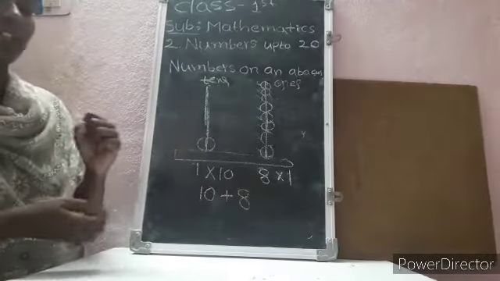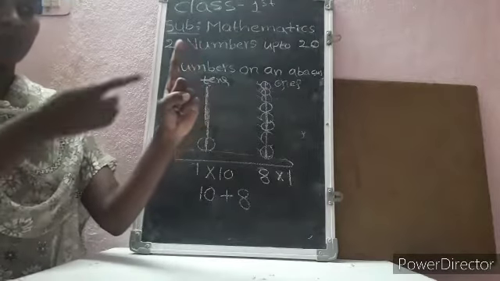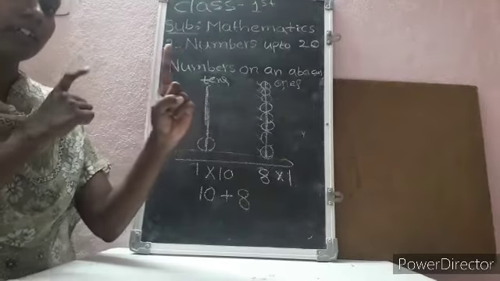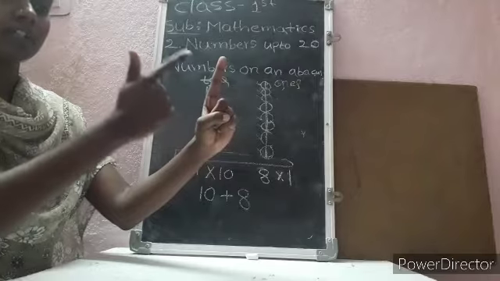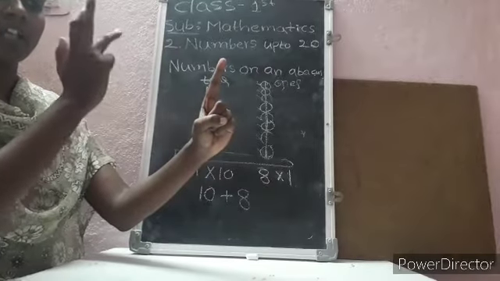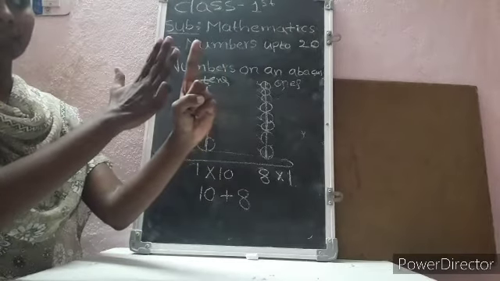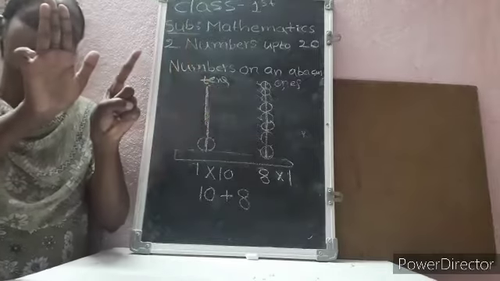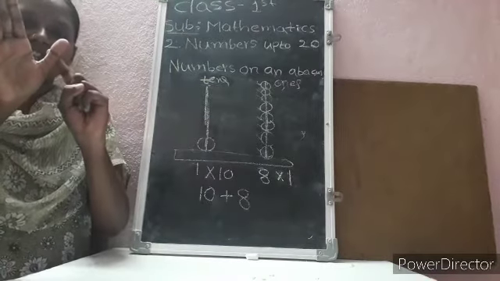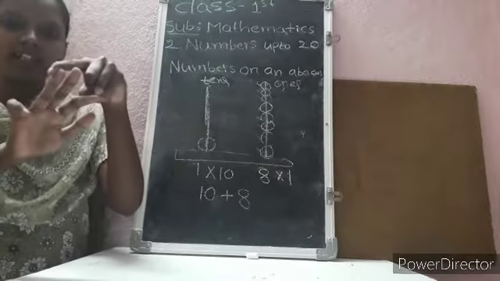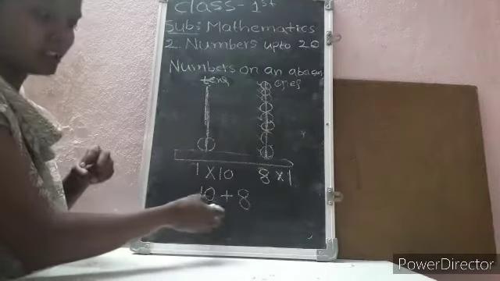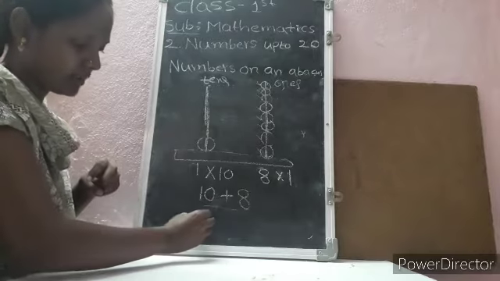Now count it. What is the value of this finger? 10. And 5, 6, 7, 8. So add these numbers. 10 plus 5, 15, 16, 17, 18. So what is the number?